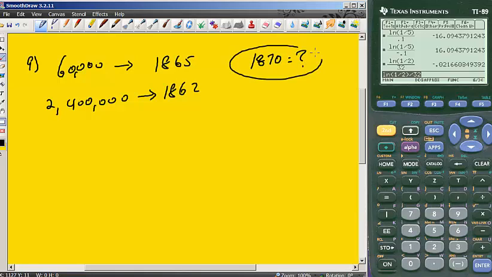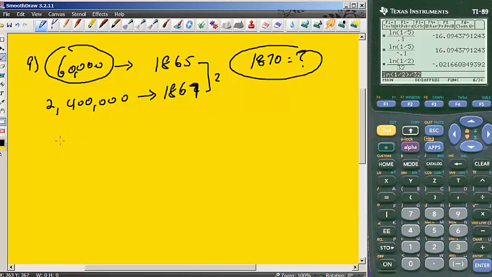So we're going to start here, but we have to find out how many years that is from there. From 1865 to 1867 is 2 years.